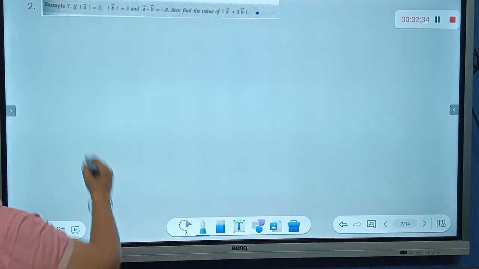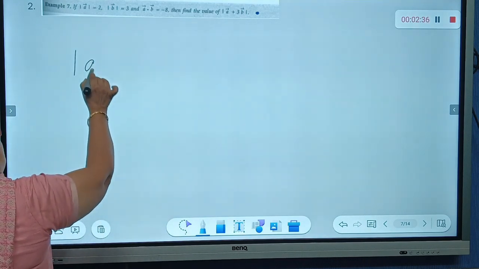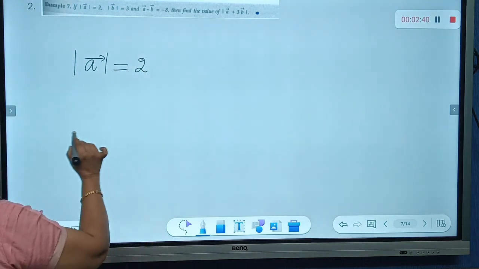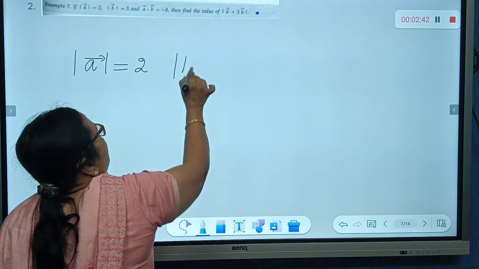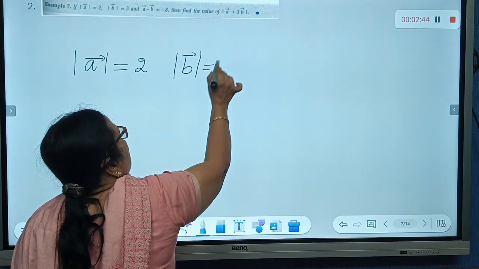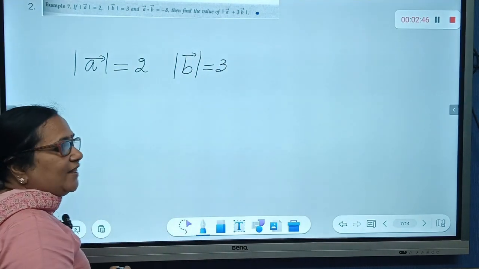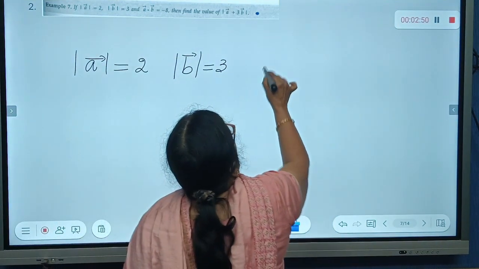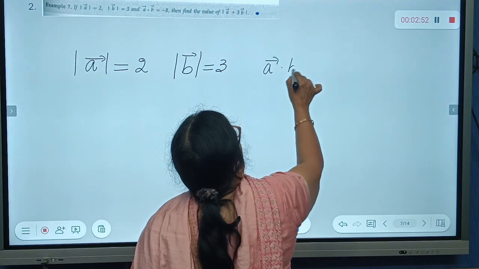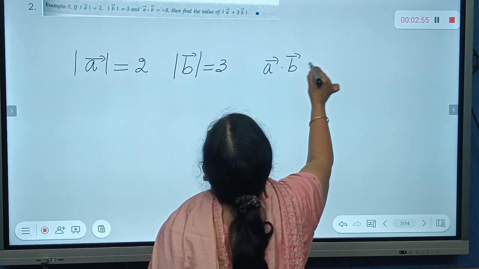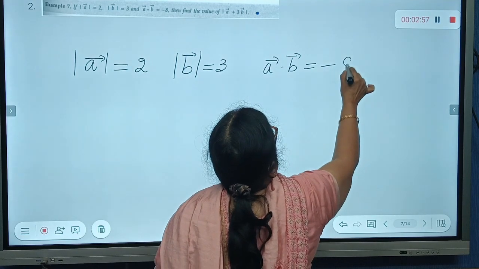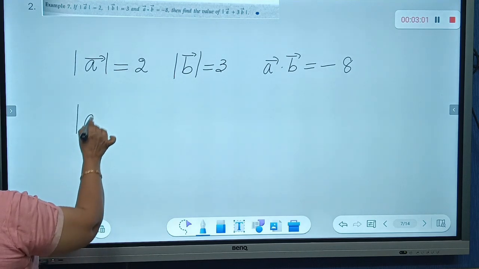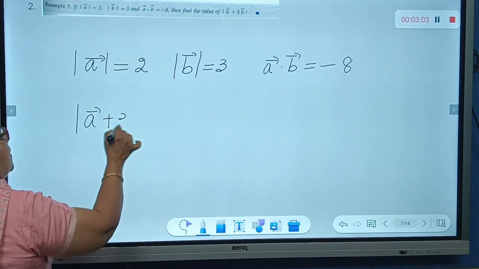Now, modulus of a vector is given to be 2. That means the length of a vector is 2 units. Modulus of b vector is given to be 3, which means the length of b vector is 3 units. And the dot product of a vector and b vector is given to be minus 8. You are asked to find the value of modulus of a vector plus 3b vector.